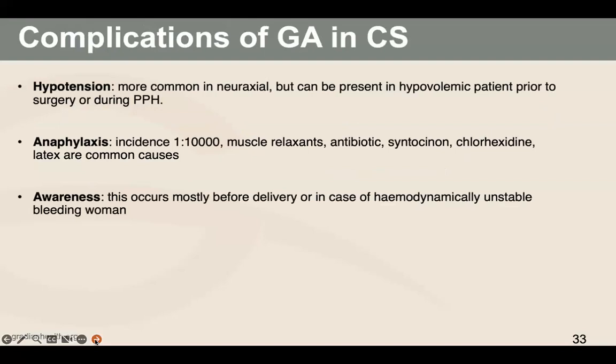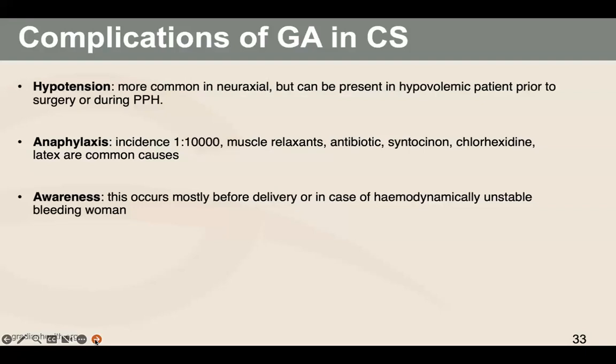Some other causes of mortality, some complications also: hypotension, even though less common than seen in neuraxial, but can be present if the patient was already hypovolemic prior to the surgery, or if the patient has developed postpartum hemorrhage.